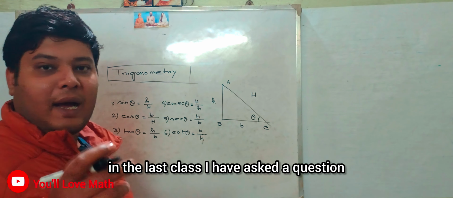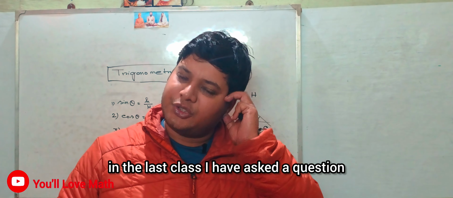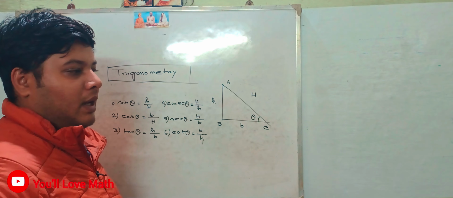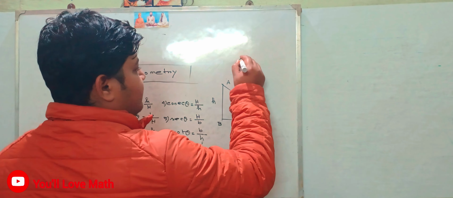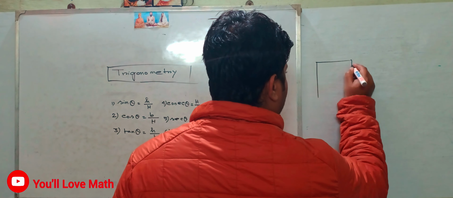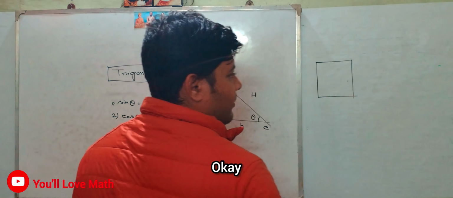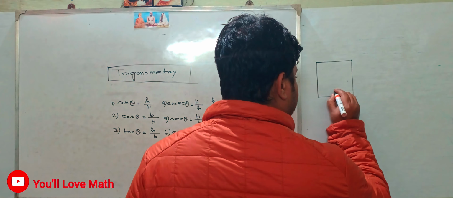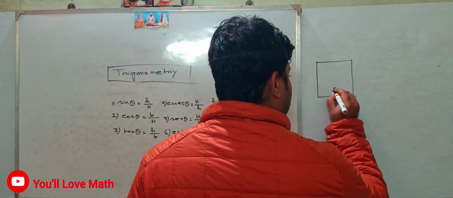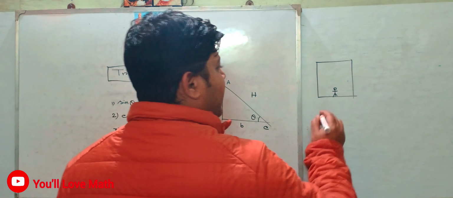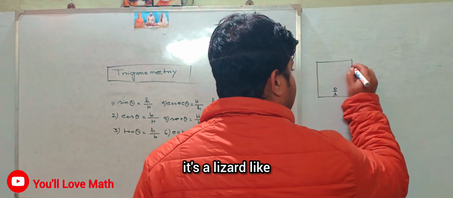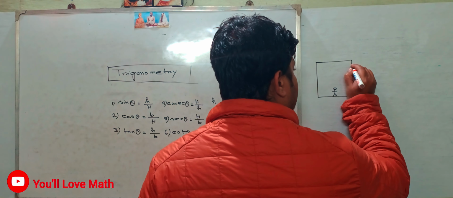In the last class I asked a question: what is base and what is height? Think it is a room. You stand here, and understand very carefully, there is a lizard on that wall.